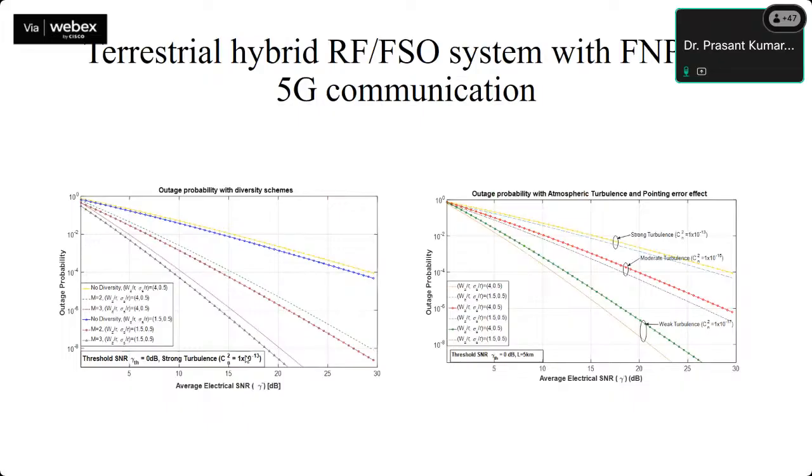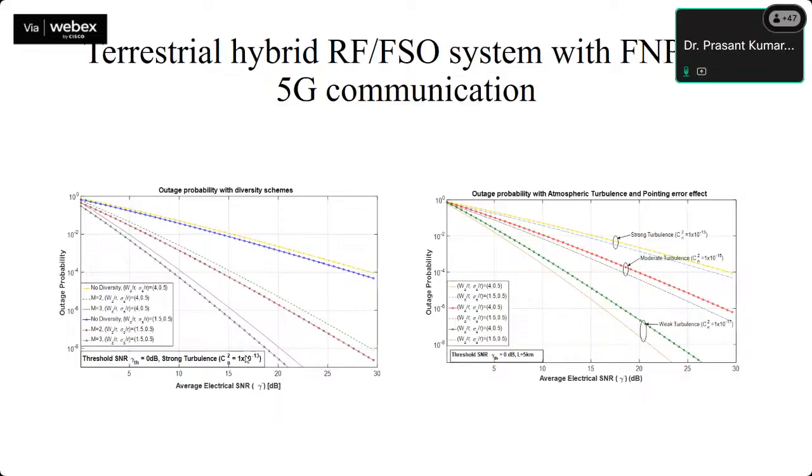So here you see the outage probability with the diversity schemes we adopted, and similarly we have shown the outage probability with atmospheric turbulence and pointing error effects. We can see the divisions into strong, moderate, and weak turbulence. We define a parameter based on which we classify strong or weak turbulence.